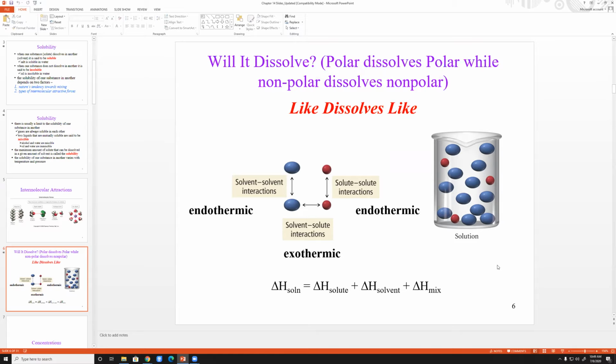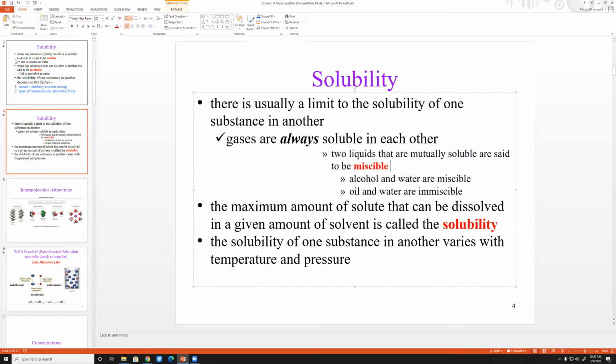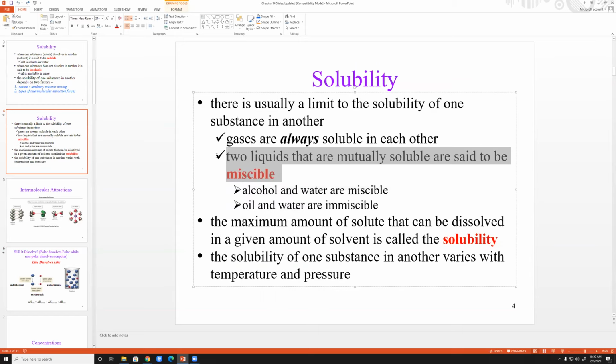Very easy, right? That's why water doesn't dissolve in oil, and oil and water don't mix. Oil is nonpolar. Water is polar. So there are not going to be any intermolecular forces that make them miscible in each other. That's that word, miscible. 2 liquids that are mutually soluble are said to be miscible.